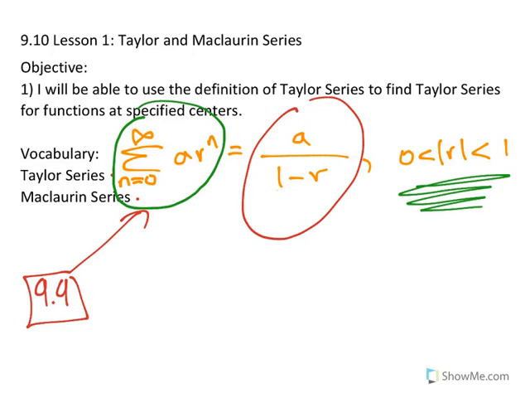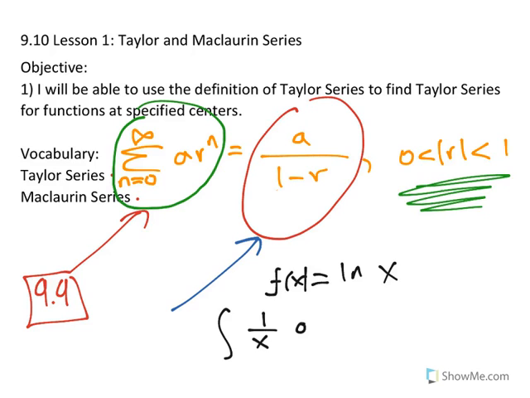And there were other functions that we could not write in the form a over 1 minus r. However, we were still able to find power series representations for those functions, such as, for example, f of x is equal to natural log of x, because we noted that natural log of x is the integral of 1 over x dx.